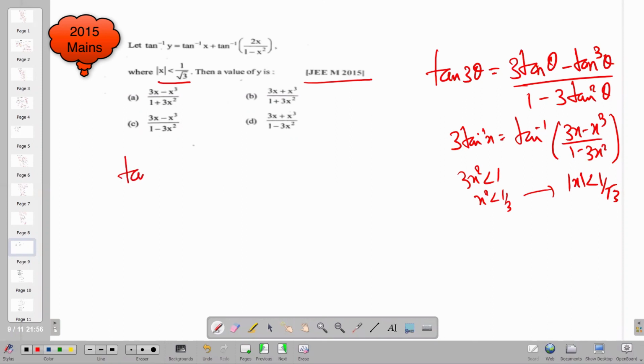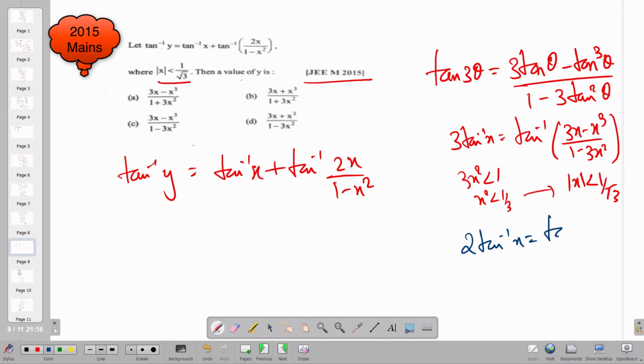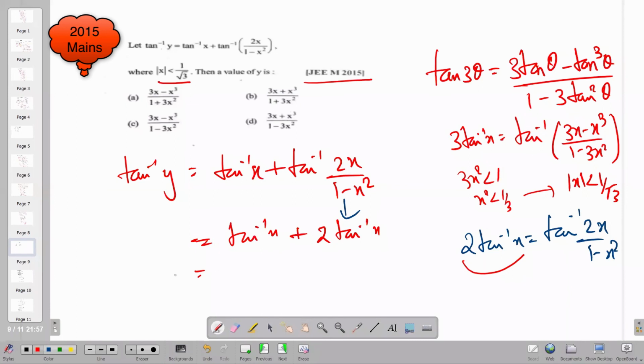Now tan inverse of y is equal to tan inverse of x plus tan inverse of 2x upon 1 minus x square. Using the identity that 2 tan inverse of x is tan inverse of 2x upon 1 minus x square, I can replace this by tan inverse of x plus 2 times tan inverse of x. Further, this can be written as 2 plus 1, 3 tan inverse of x.